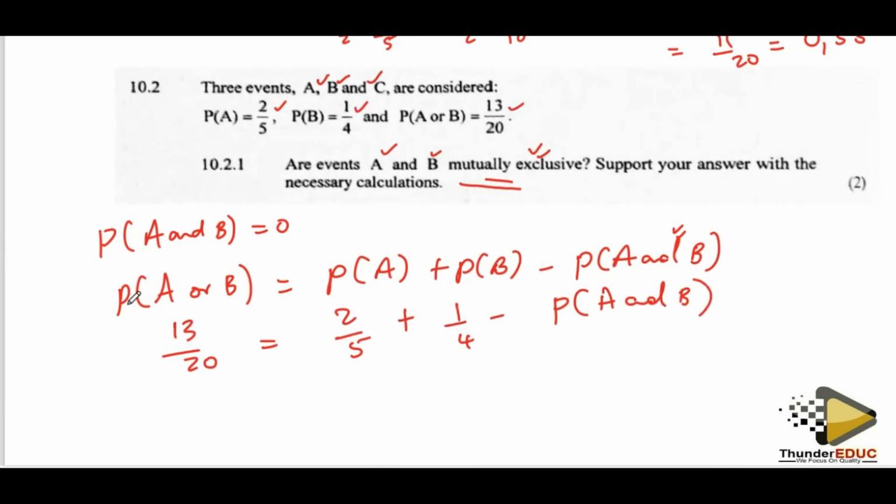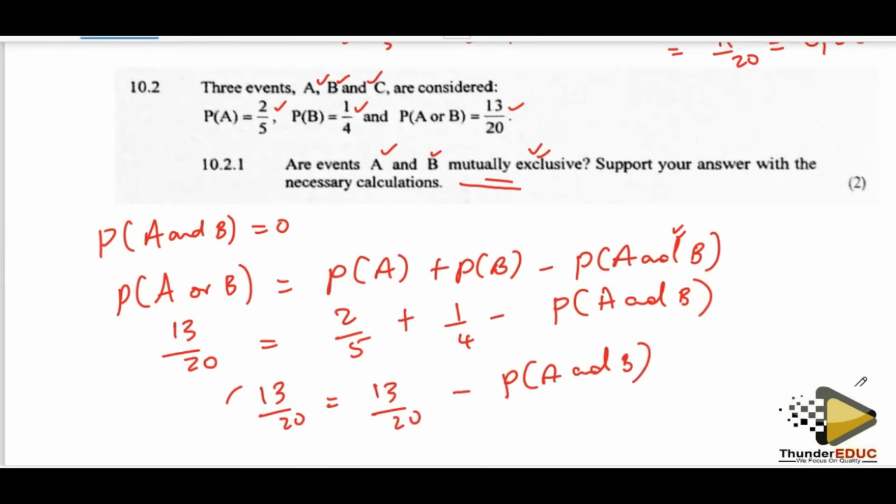So when I simplify 2 over 5 plus 1 over 4, that's giving me 13 over 20. So 13 over 20 is equal to 13 over 20 minus probability of A and B.